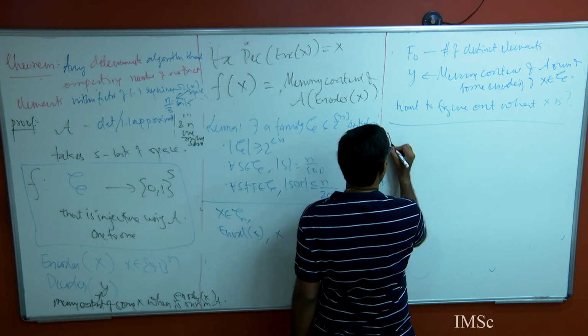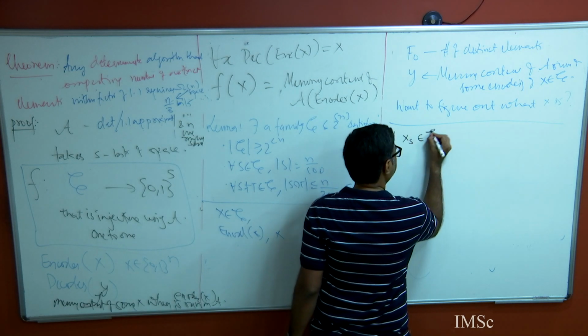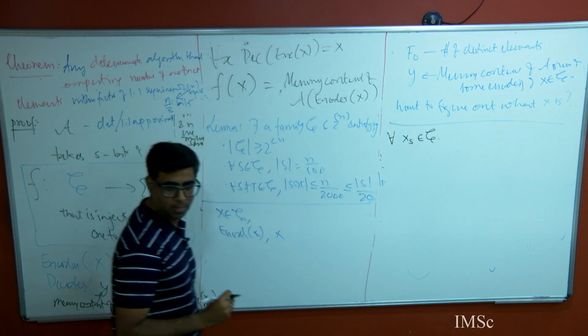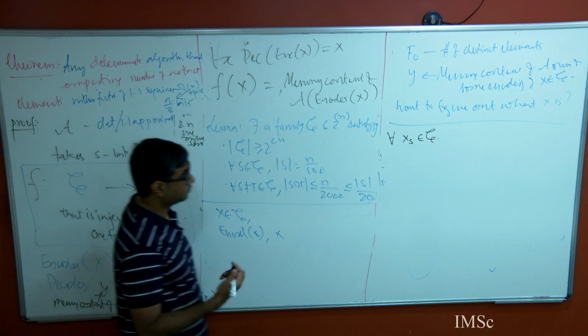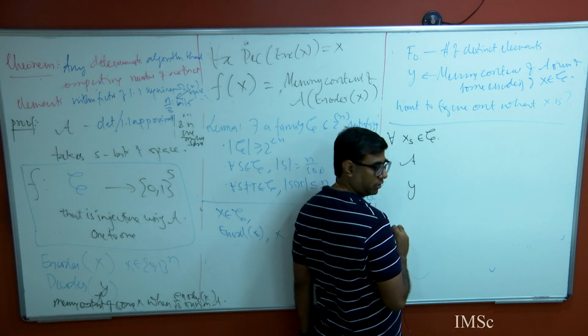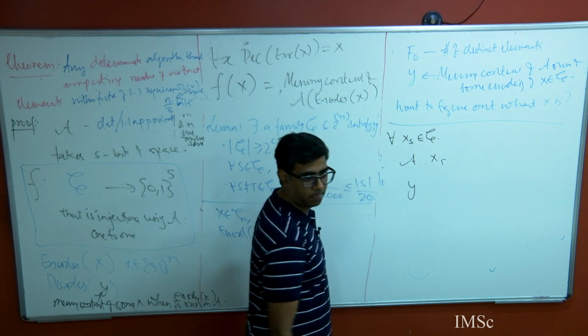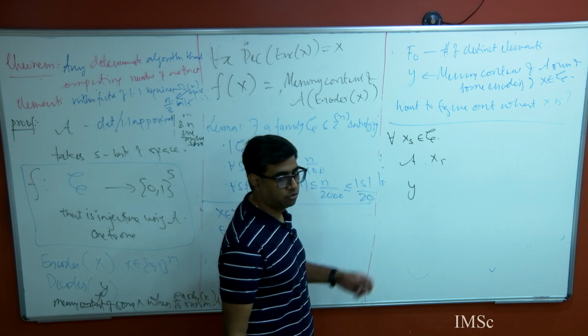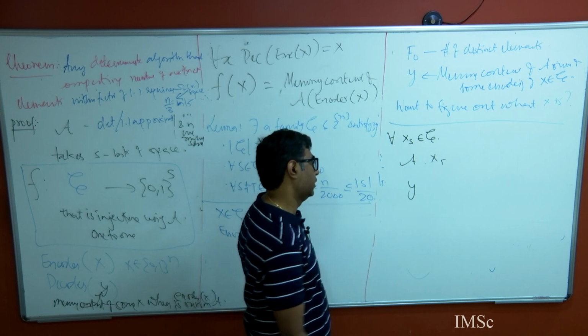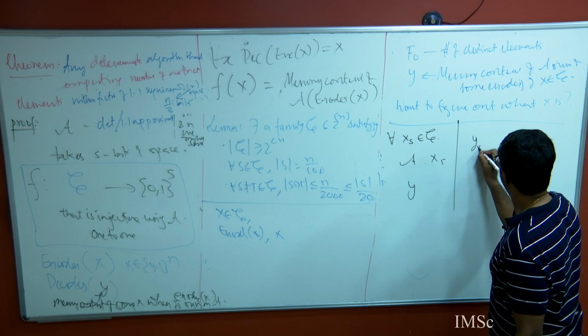Okay. So for all, let's call it XS in C, we are going to run A and Y. You run XS here, and it is going to give me some number, let's call this Y XS.